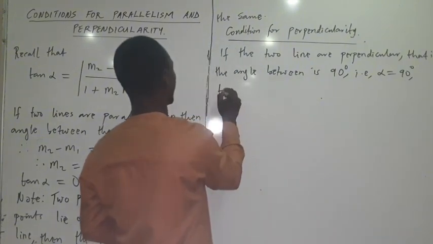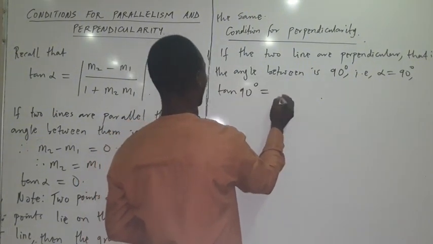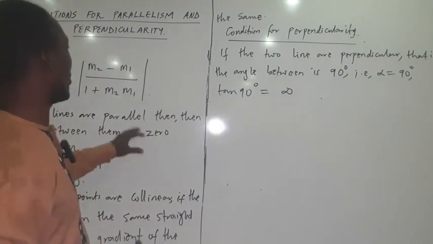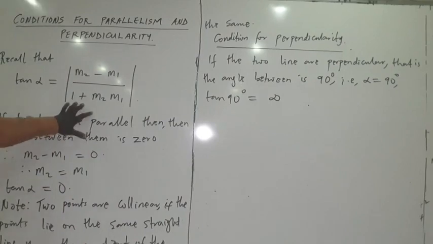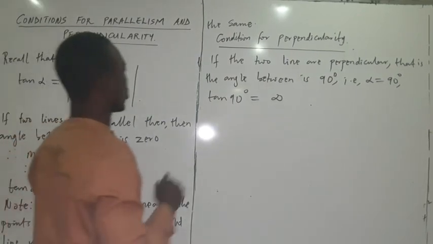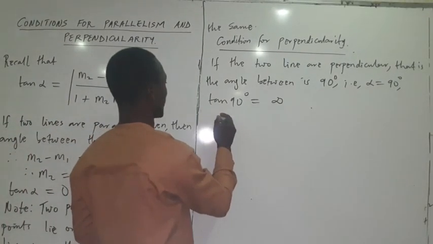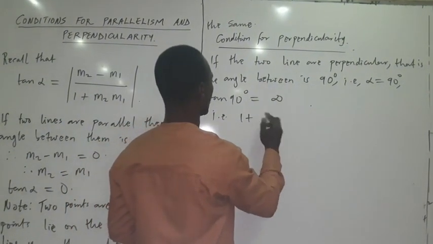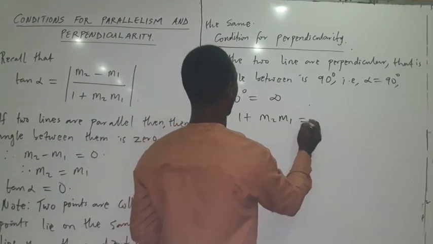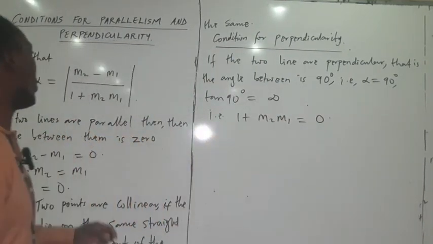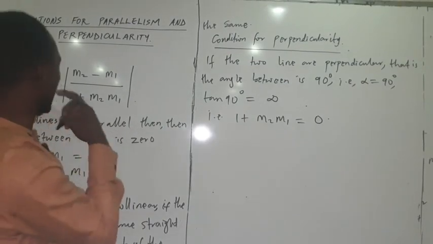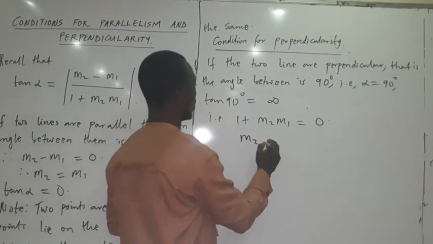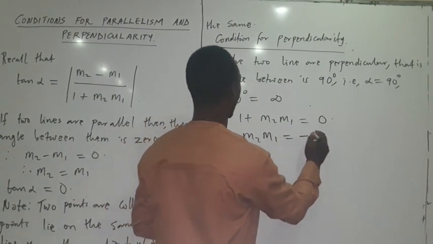Then tan 90 degrees equals infinity. And for tan 90 to be infinity, it means our denominator is equal to 0. So we now have 1 plus m2 m1 equals 0. So the denominator is equal to 0 for tan 90 to be undefined. So we now have m2 m1 equals minus 1.